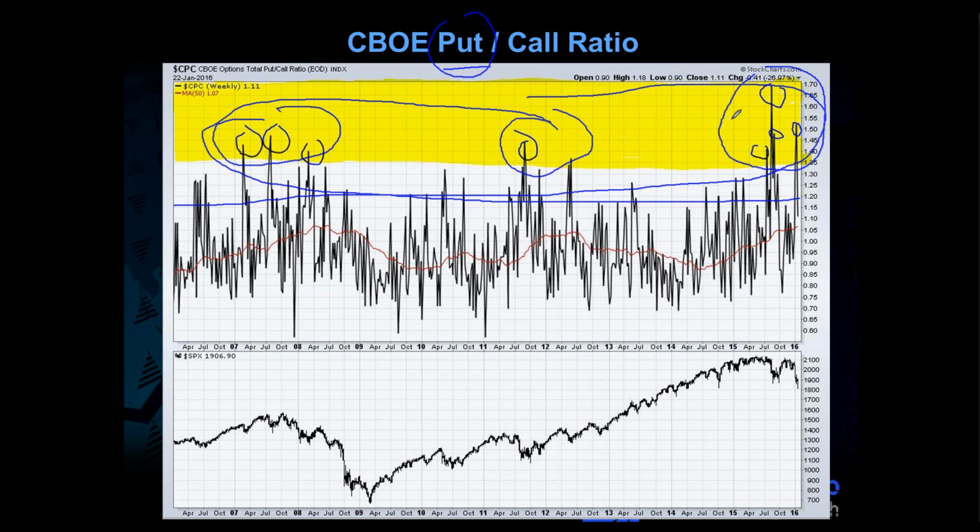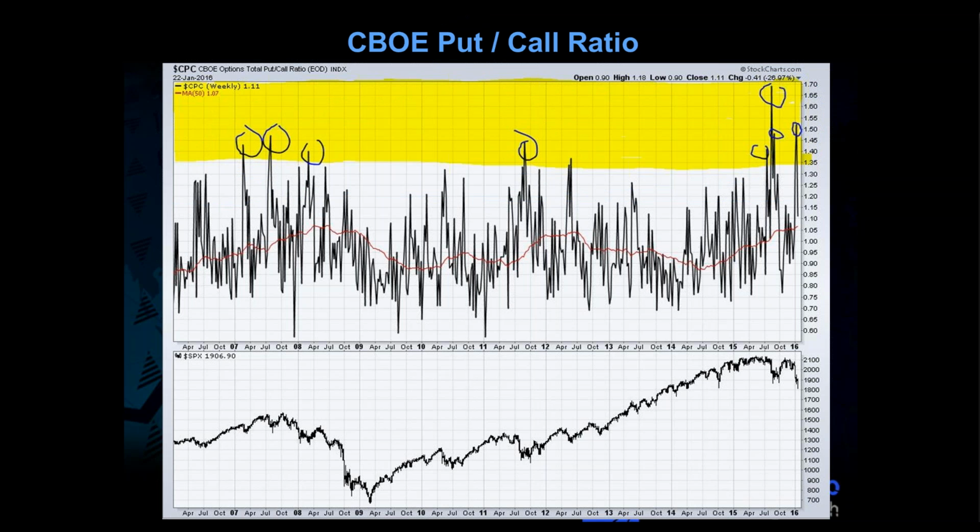The other thing I wanted to show you about this chart, and the reason why I'm bringing it up here, is that you can see right up here, back in August 2015, we had a huge spike in puts.